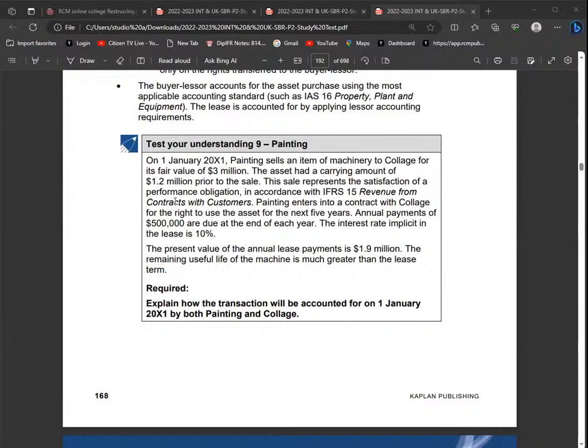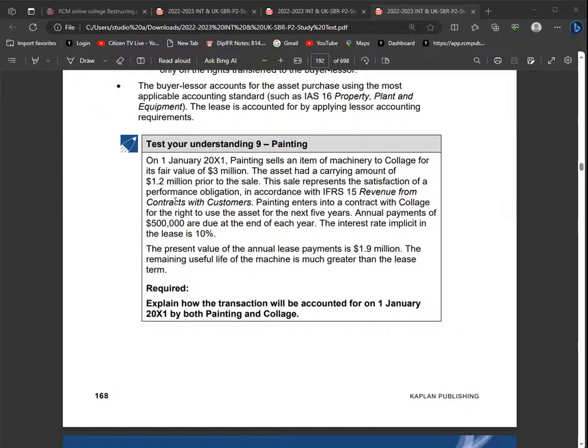And the present value of the annual lease payment is 1,900.